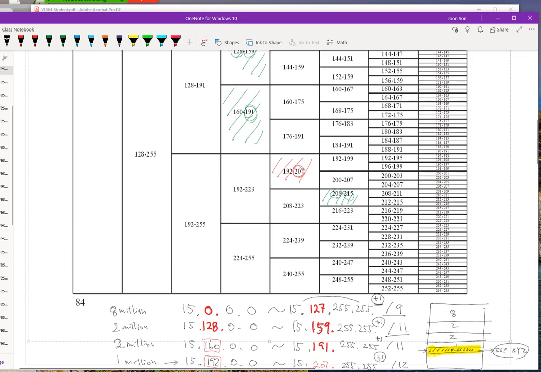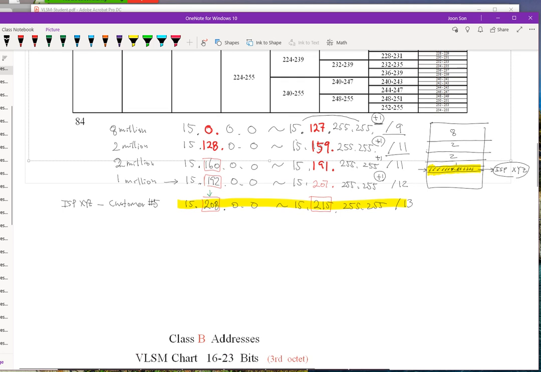So part number 2 is that we are going to divide this yellow network. This is the yellow network, and for the yellow network space we have about 500,000 addresses.